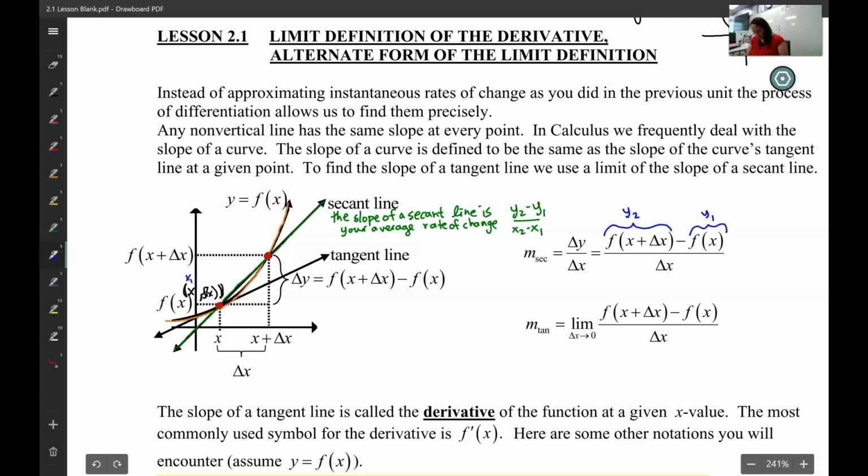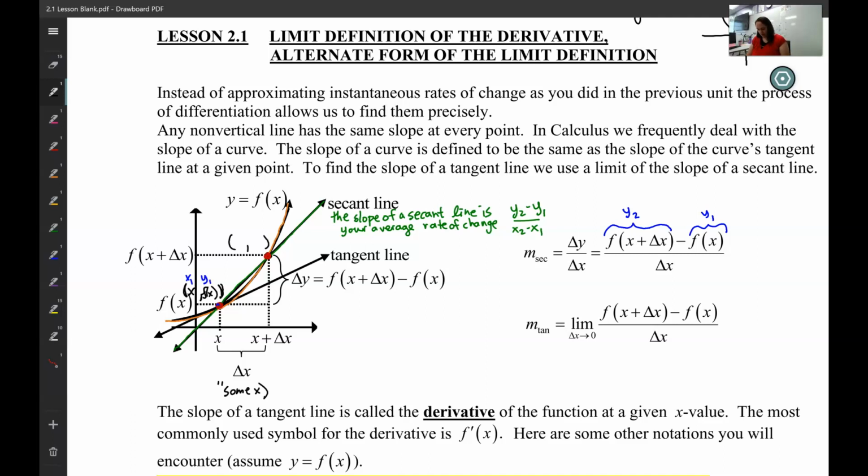So there's my x1 and my y1. So right there, f of x is my y1 because of that point right there. Then they're saying at this point, I have x plus some x. That's all this delta x means right here. I'm going to take x and add some more x to get to a different point. So if this was 1 and I added some more of 3, then I'd be at 4. That's all that's saying.